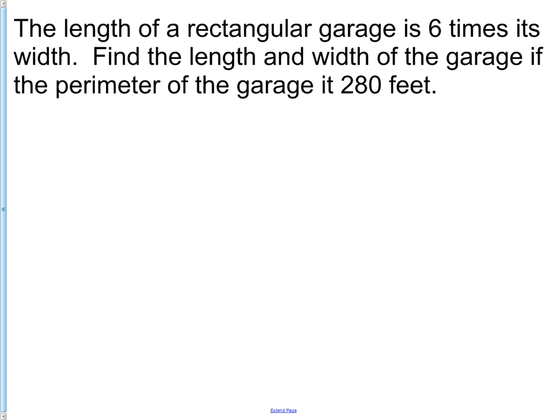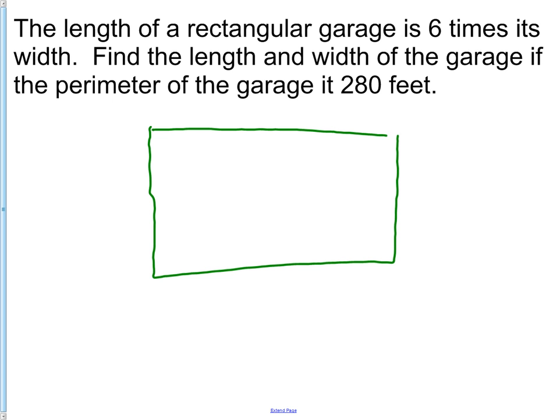As your teachers have probably told you for a lot of years, when you get to a word problem, a good idea is to draw a picture. So in this question it is talking about a rectangular garage. It says the length is 6 times its width.